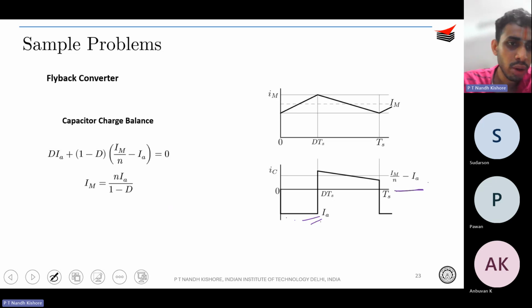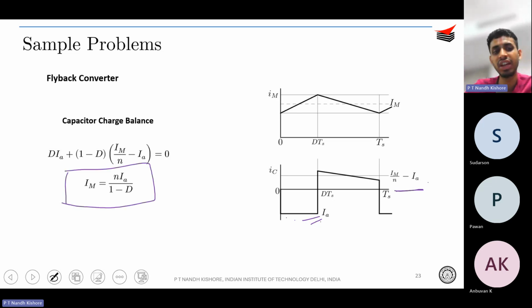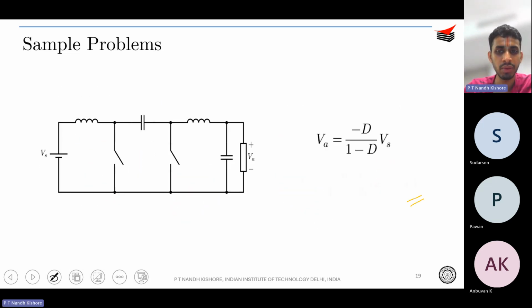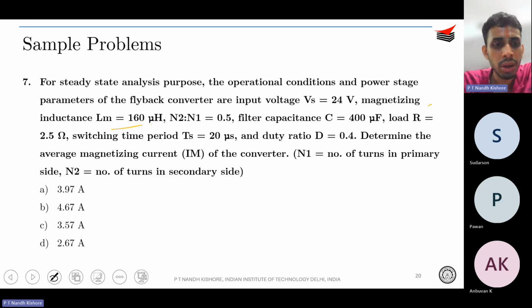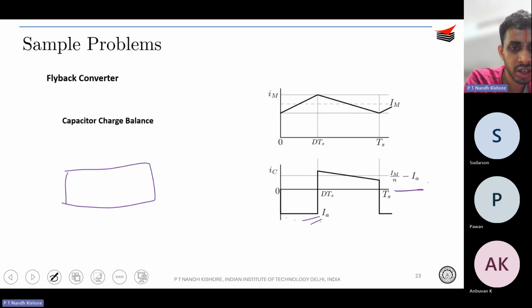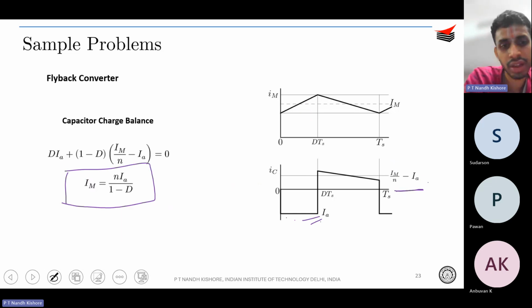Therefore, you will end up with IM is equal to N times IA by 1 minus D. So what was the question? The question was to compute your average magnetizing current. So just apply capacitor charge balance and you will end up with IM equal to N times IA by 1 minus D.